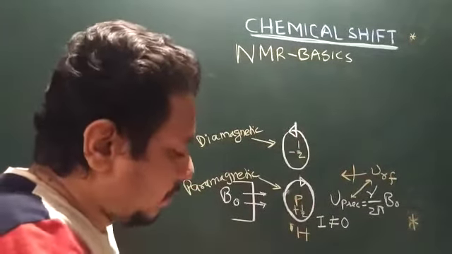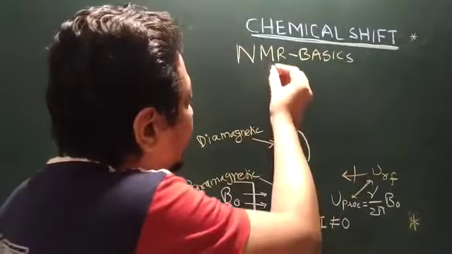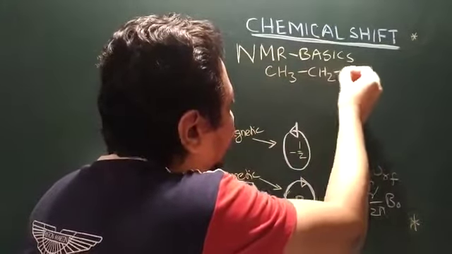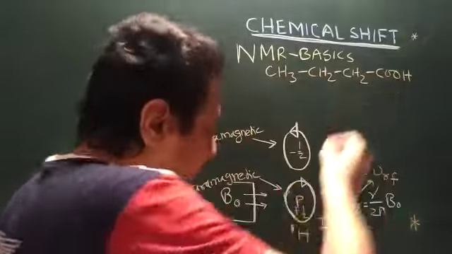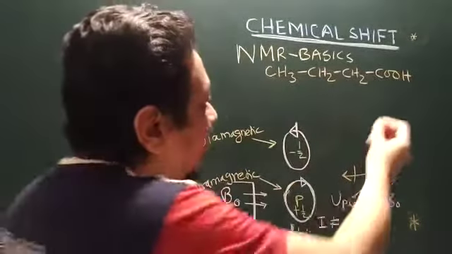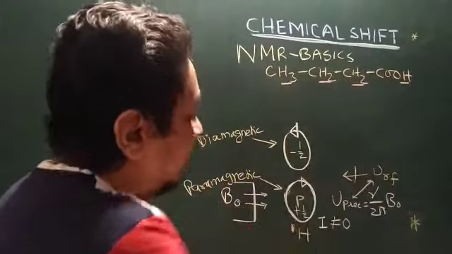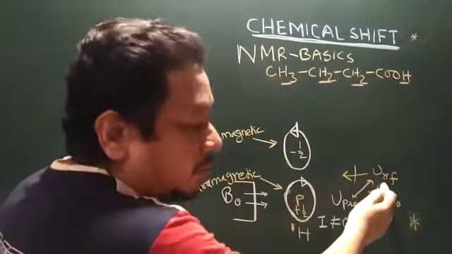But now when we talk about some examples, like the structure of this molecule, in this structure, if you see, we have 4 protons. Ideally with this concept, all the protons should take the same amount of radio frequency.